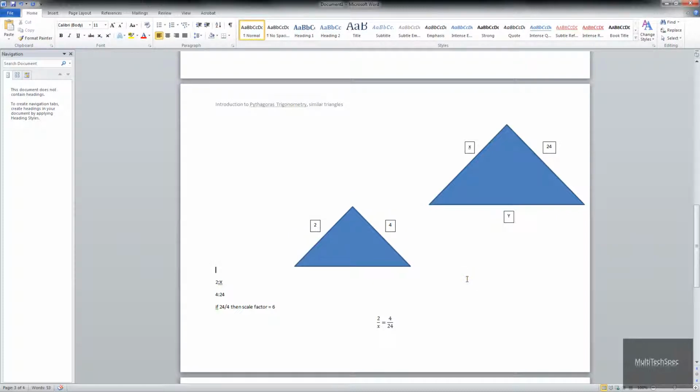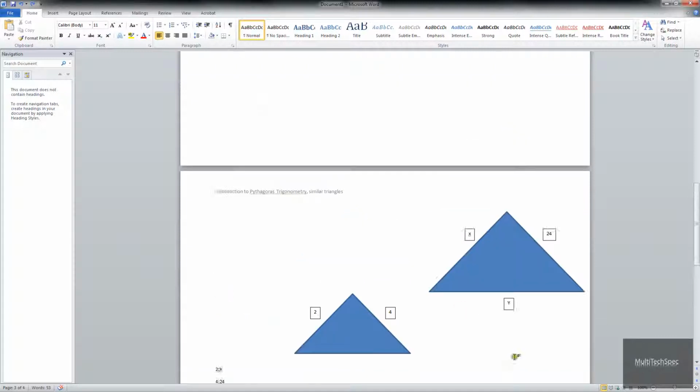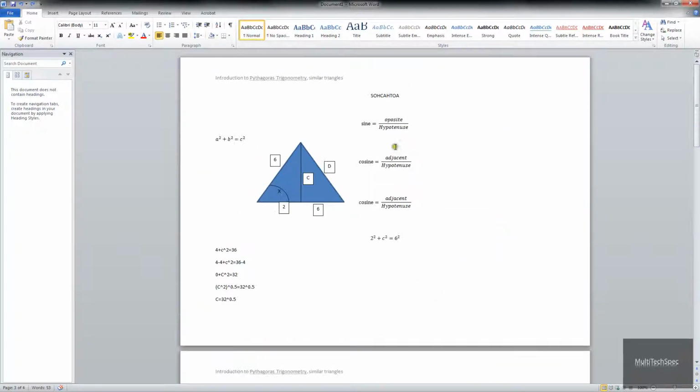But at this point, we can't find this little length here. We know that the value of y will be 6 times bigger than whatever we find down here. And that brings me up to date with trig. So if we can appreciate all that, then it shouldn't be any problem for us to understand these little trig ratios that we have here.